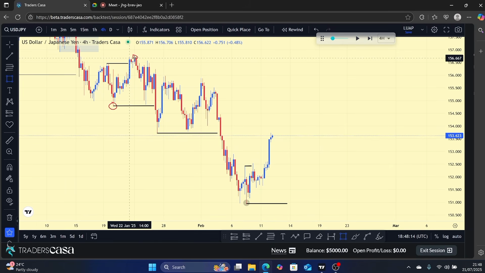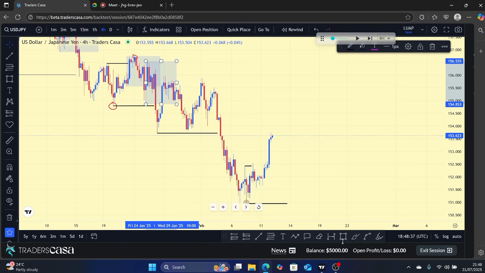So this one here is not a valid pullback. So this one here will be now the order flow, and we can clearly see it's already mitigated with that move. So the next order flow, of course, will be starting from this, and we can clearly see it's also mitigated.